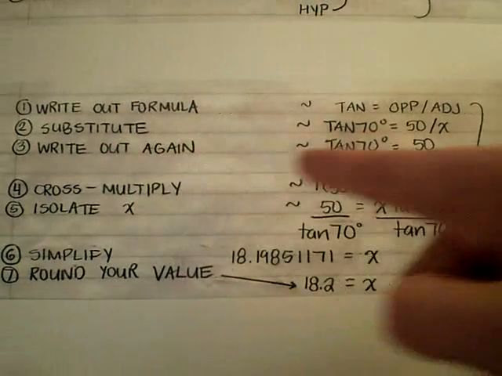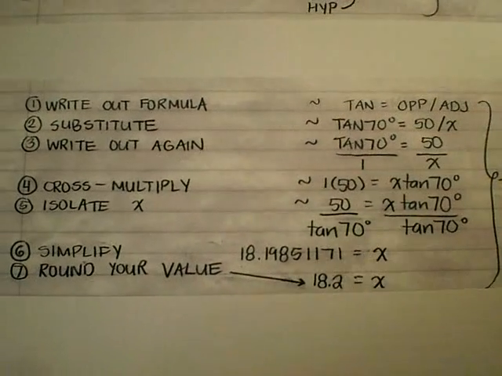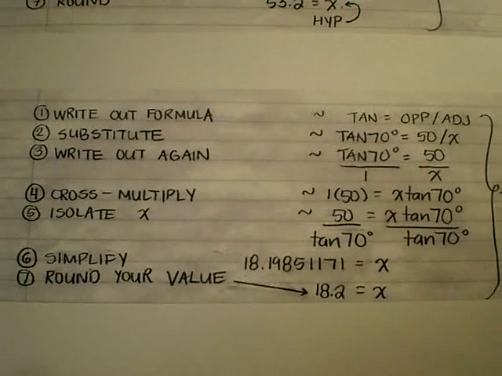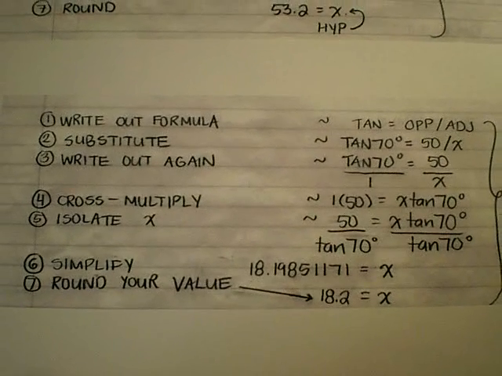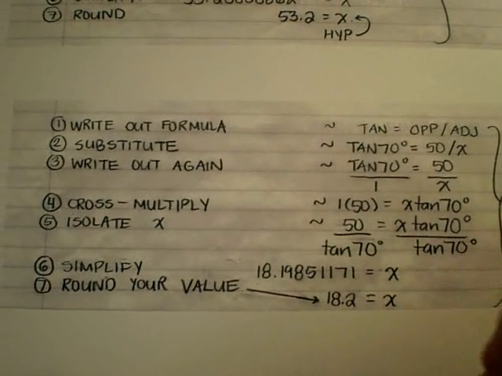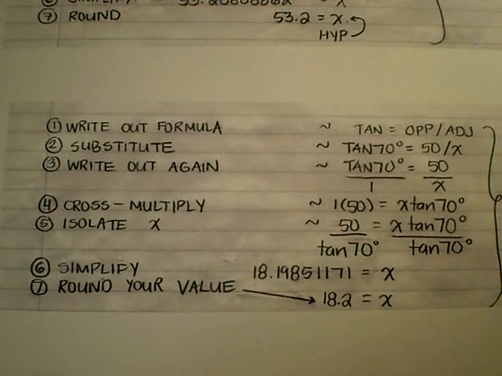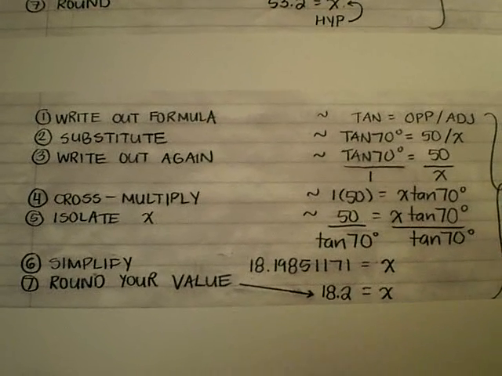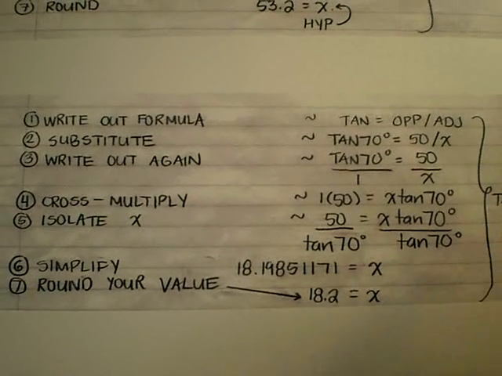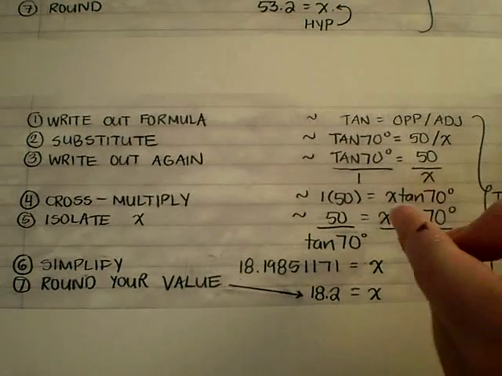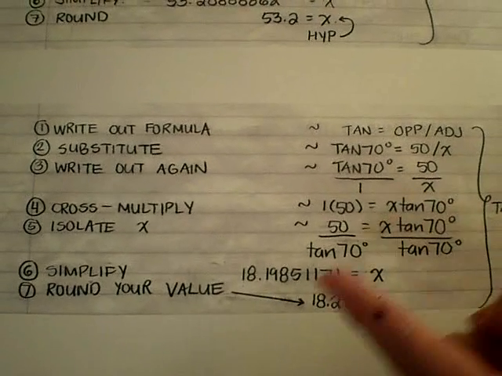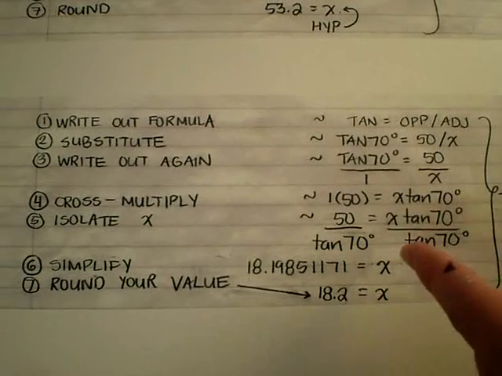We write it out again so it's easier for us to solve. Then we of course cross multiply. Again, we have to isolate the x. To isolate the x, you have to divide by the tan of 70. After isolating the x, you're left with 50 divided by tan of 70.